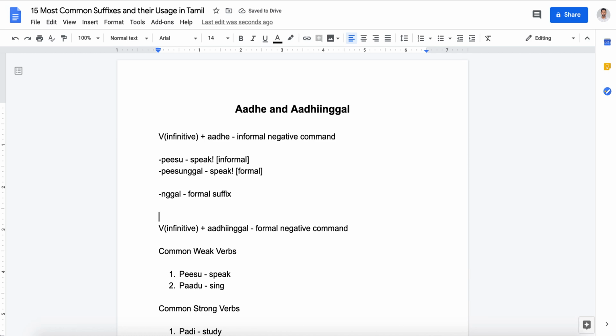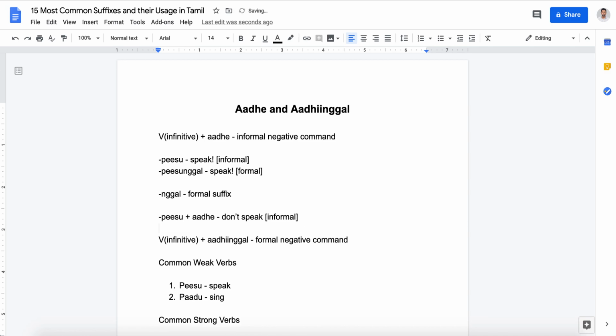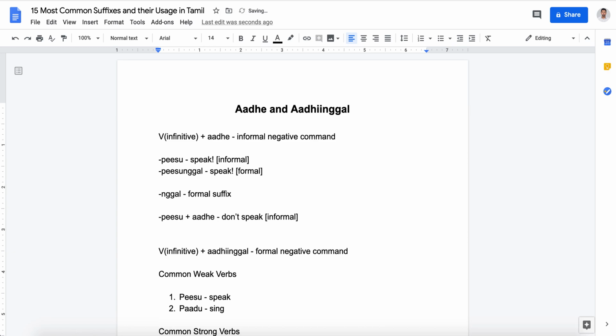Okay, now let's start using Aadhe and Aadhiinggal. Let's say பேசு plus Aadhe. This is going to mean don't speak, informally. The very important thing is that with the basic verb alone, we have to change it to the infinitive, and only then can we add Aadhe. So how can I change it to the infinitive, especially for the weak verb?